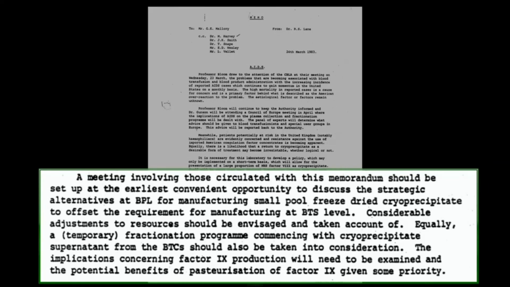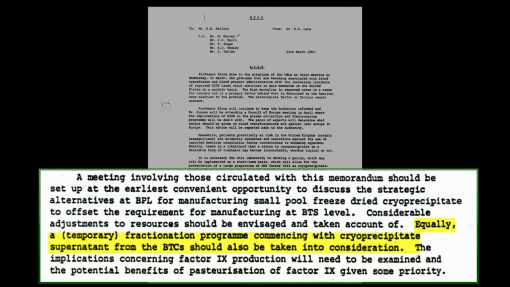Am I right in understanding that to mean that if the regional transfusion centres were producing their own cryoprecipitate for factor VIII patients, BPL was still going to be asked to produce other blood products, and in order to produce those blood products, they would require the supernatant from the regional transfusion centres to be provided to BPL?